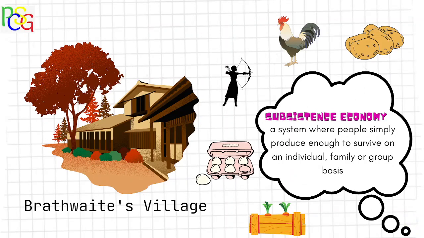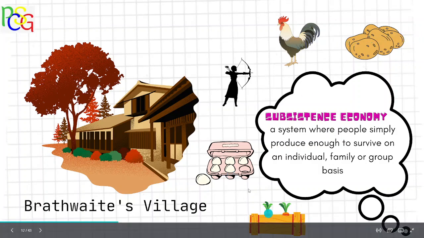So I have some diagrams and pictures there, and this is Brathwaite's village. We're getting into the syllabus now. In Brathwaite's village, the people really don't use a lot of money. They provide enough for themselves to survive. So they plant their own vegetables, as you can see here.